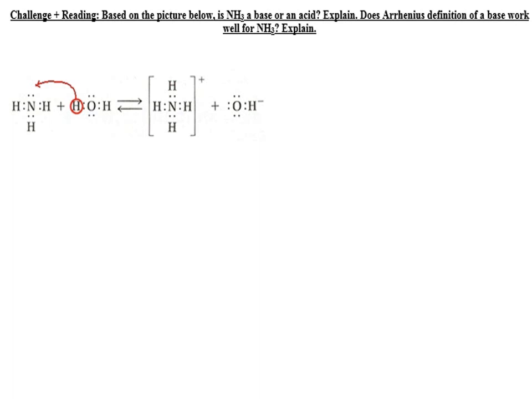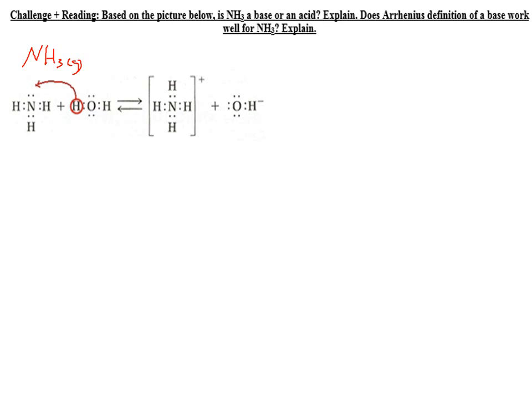So based on Arrhenius' theory, a substance needs to have an OH to be a base. But I want you to explore this substance here. This is NH3. This is ammonia. Ammonia is actually a base when you put it in a solution, yet there's no OH. And so I want you to notice this carefully.